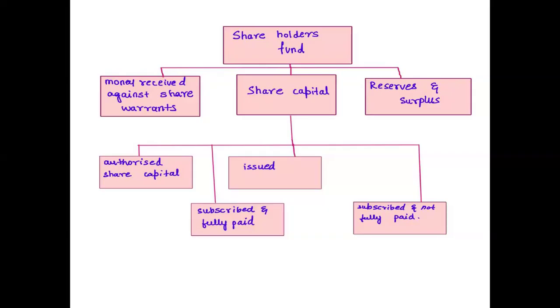The equity shares are those shares which are considered the lenders' last resort, and preference shares are those shares which are similar to equity shares, but they get preferential rights and preferential ownership benefits compared to the equity shareholders.